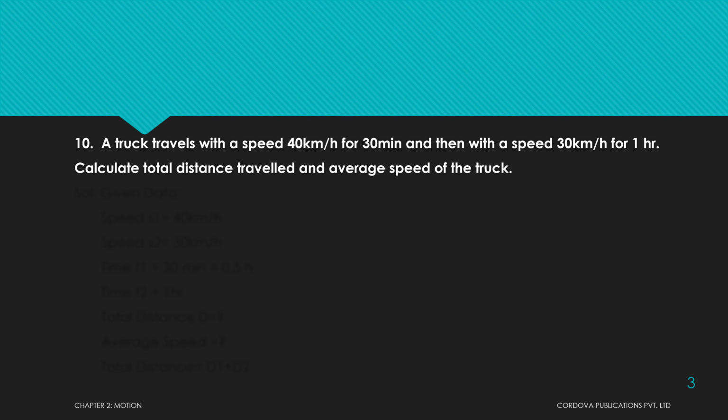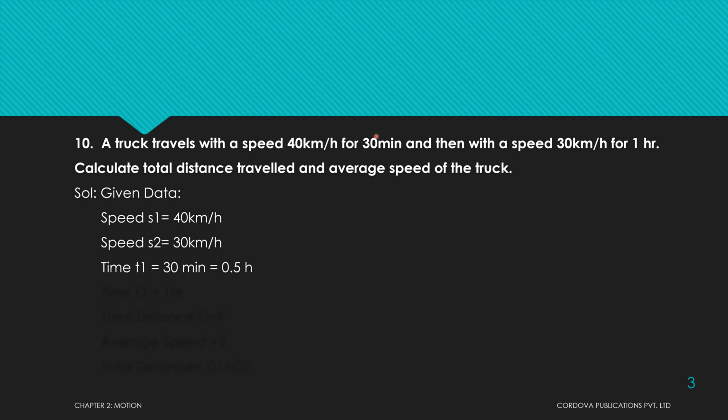First of all, let's write down the given data so that it will be clear for us. As they have given two speed values, let's consider S1 and S2. So S1 is 40 km per hour and S2 is 30 km per hour. Similarly, they have given two splits of time.